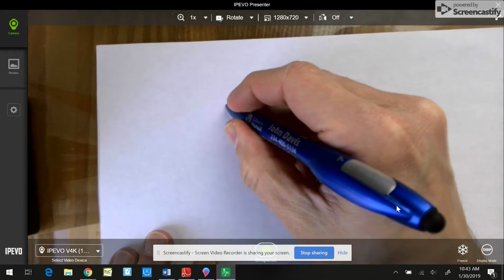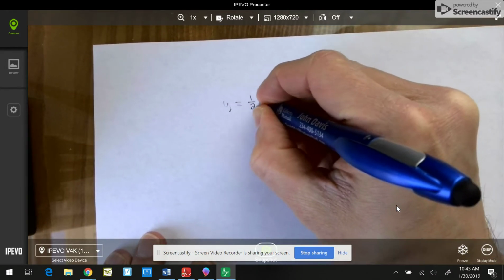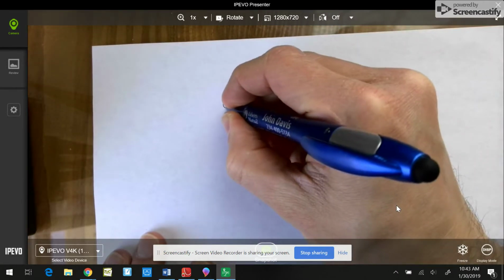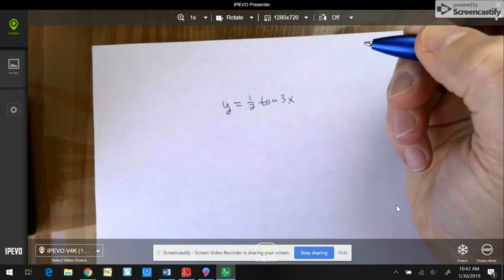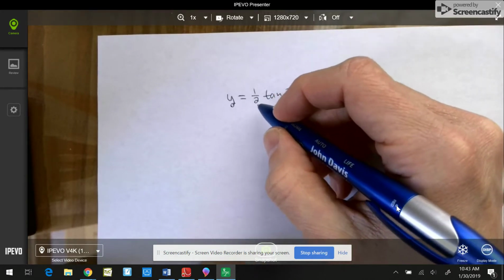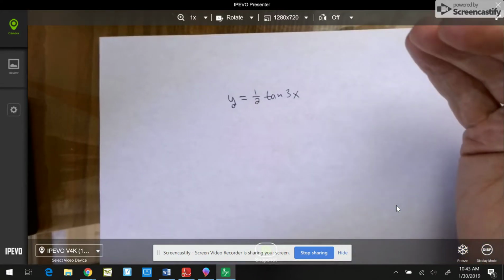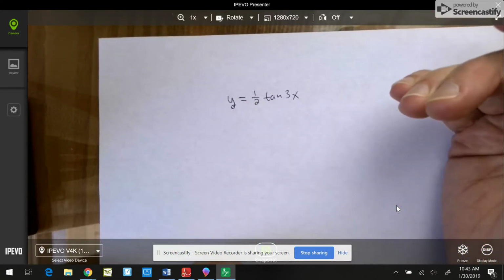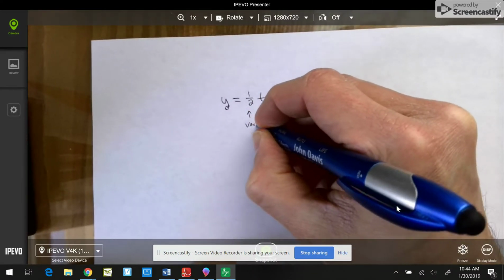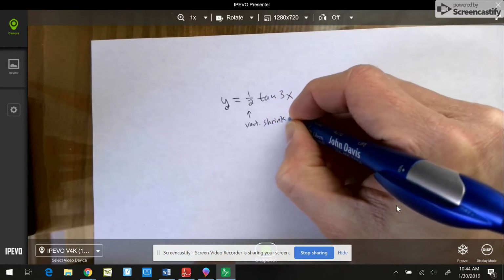So say I'm given something like y equals 1/2 tangent of 3x. Well, what happens with tangent is the value of 1 that I showed you is modified by this 1/2 right here. The y values will actually shrink. This is a vertical shrink of 1/2.